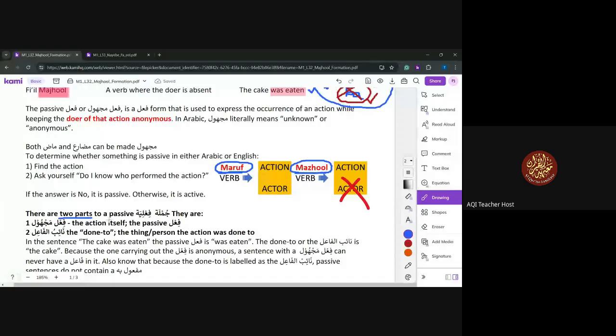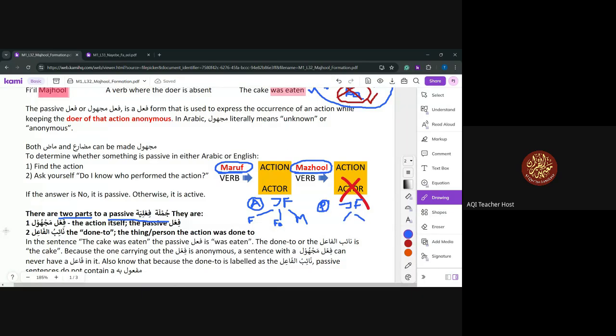Let me write A over here for active verbs. In the case where we have a jumlatul fi'liya sentence with a passive verb, we are going to have only two components.